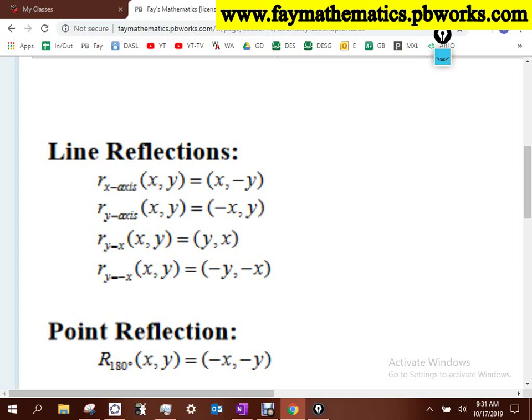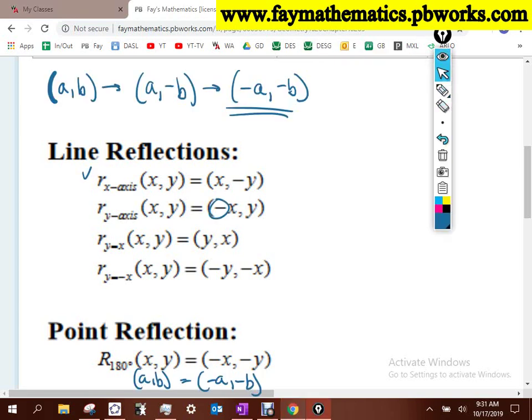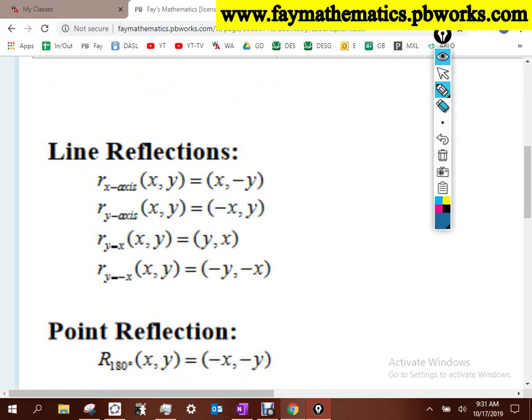Okay? Well, let's think about these rules real quick. If we look at this one here, think about an x-axis reflection. If I have this point here of (2, 4), and I fold on the x-axis, isn't that going to go down here? Yeah. To (2, -4).